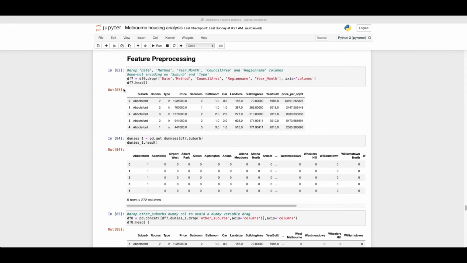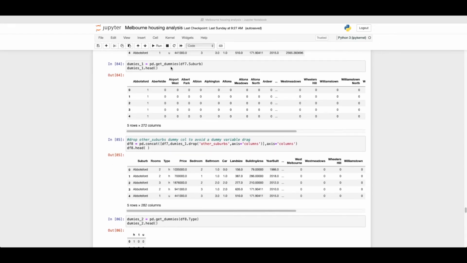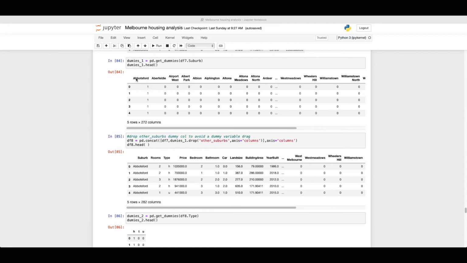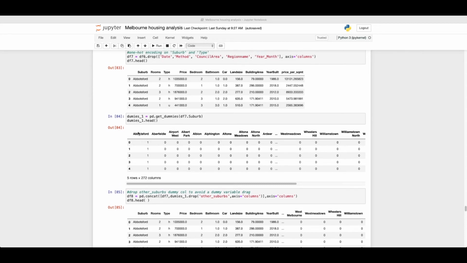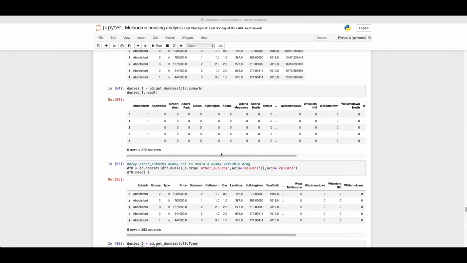Below, we're going to use one-hot encoding on the suburb and type features. To get one-hot encoding, I use the getDummies function, and here I use it to do one-hot encoding on these suburbs. I think it's 227 suburb areas, including the other suburbs column we created.